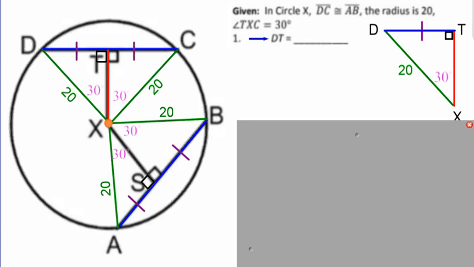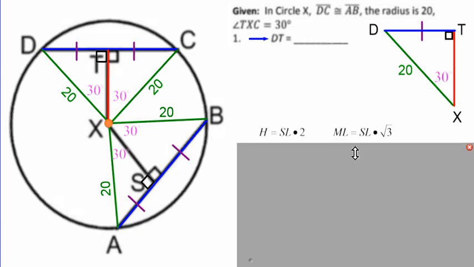Well, we know when it comes to right triangles, we always have several different ways that we could solve them. Perhaps you're thinking to yourself, well, we know that we've got one angle being 30, we have another angle being 90, the total has to be 180, that means this angle has to be 60. Well, that's helpful because we know in 30-60-90 right triangles, there's two patterns that we could follow to help us find the missing lengths.